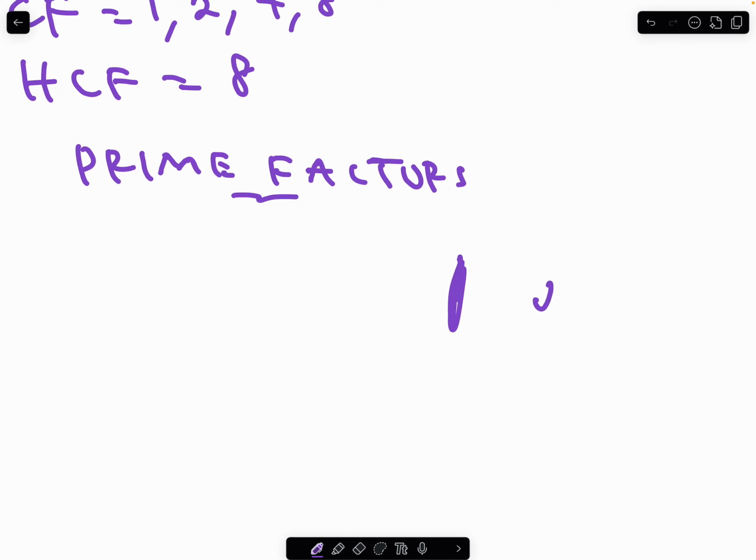The smallest prime number ever is 2. 1 is not a prime number because it doesn't have up to 2 factors; the only factor it has is itself. But a prime number must have 2 factors. So that's why 1 is not a prime number. But 2 is, because 2 has only 2 factors: itself and 1.